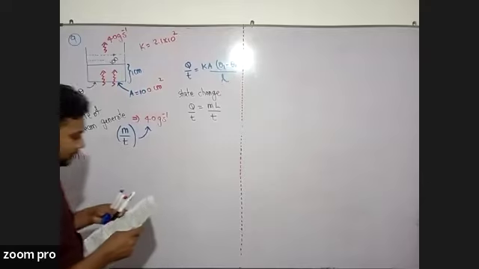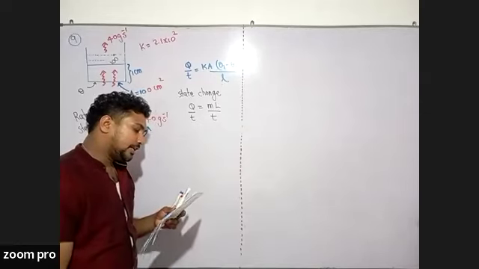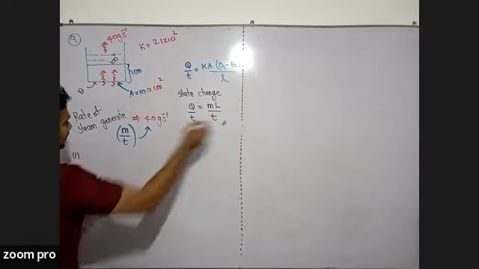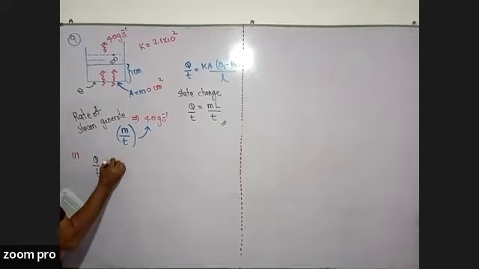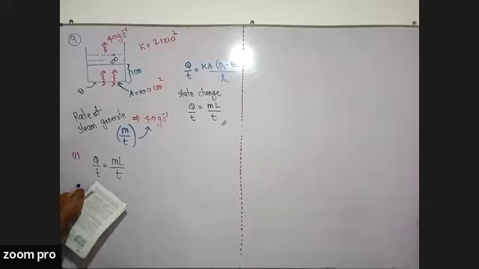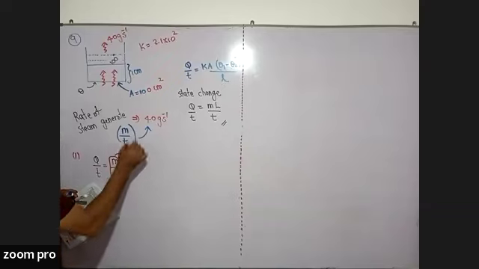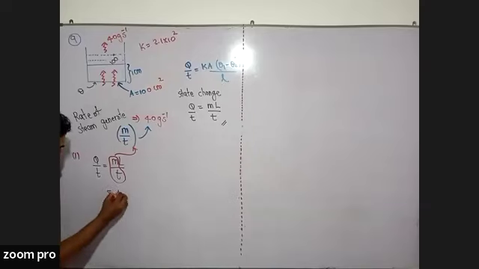So in the first question, they have given additional data, the specific latent heat of vaporization of water, right? So let's use this equation, that is Q over t equals mL over t, right? So as I mentioned earlier, this m over t is represented by this value, right? Then it can be considered as 40 gram per second.